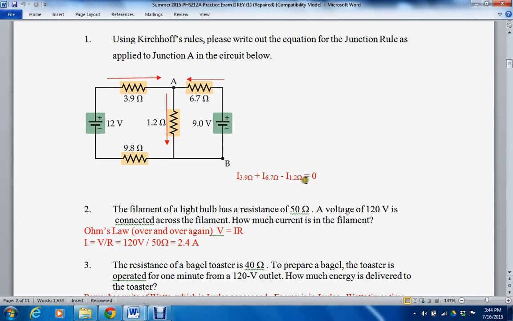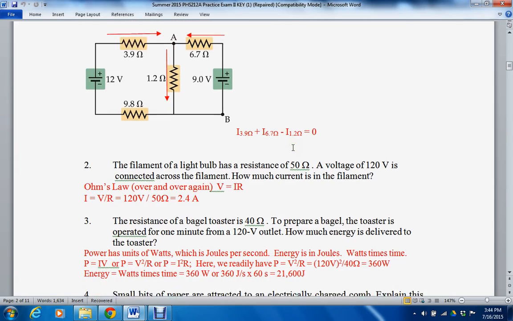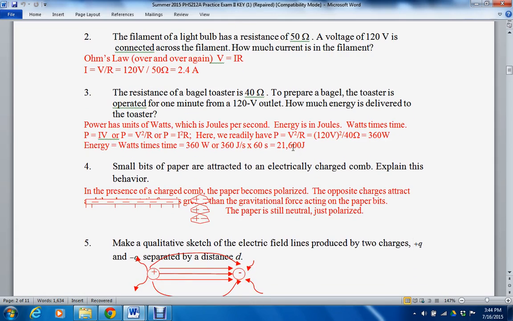The sum of these three, positive, positive, negative, all add up to 0. So there's 0 current sitting there forever on junction A. Alright, so that would be a Kirchhoff rule question that I could ask on the exam.